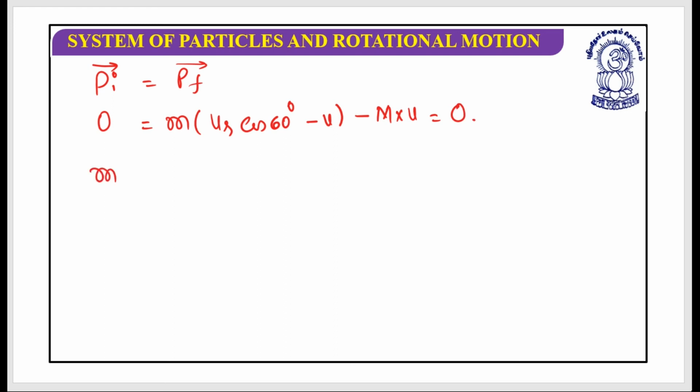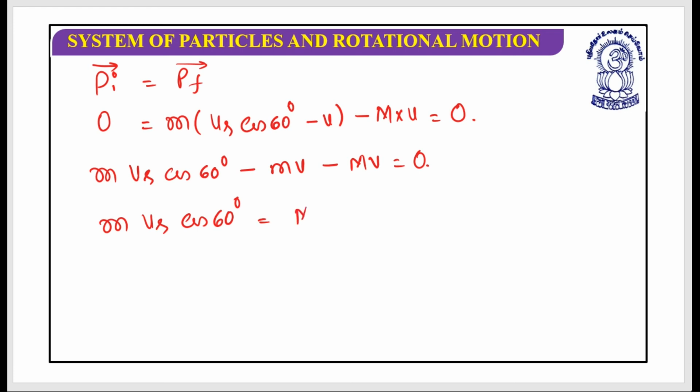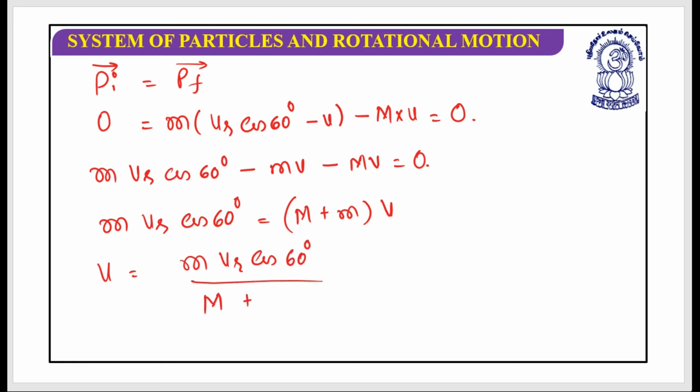So this is m Vr cos 60 minus mV minus MV equals 0. So m Vr cos 60 equals (M plus m) into velocity V, and this V could be written as m Vr cos 60 degree divided by capital M plus small m. This is V.